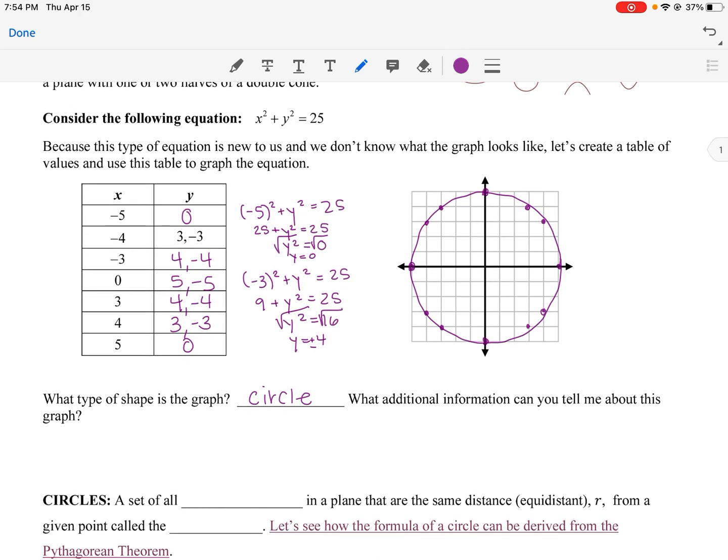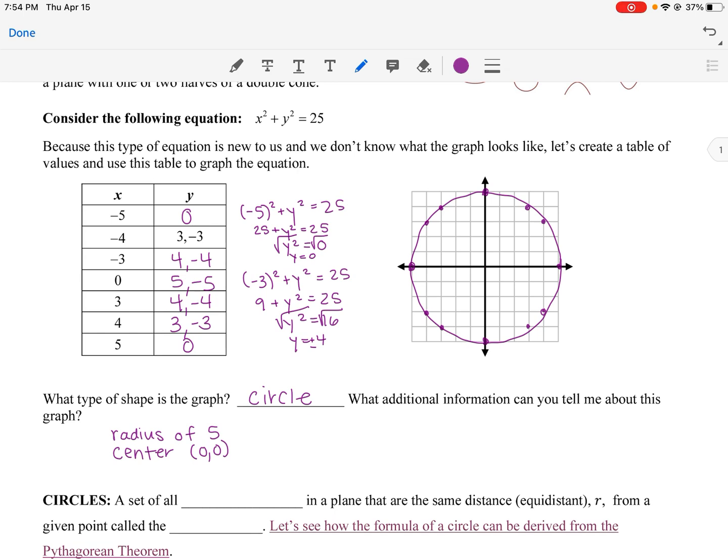So what additional information can you tell me about this graph? You could tell me, hey, the circle has a radius of 5. You could look at the center. The center of the circle is at 0, 0. You could even tell me about things like the circumference and the diameter if you wanted.